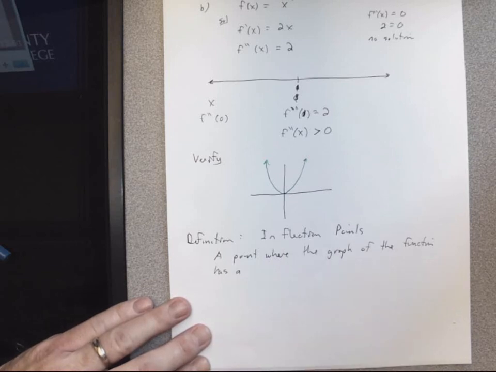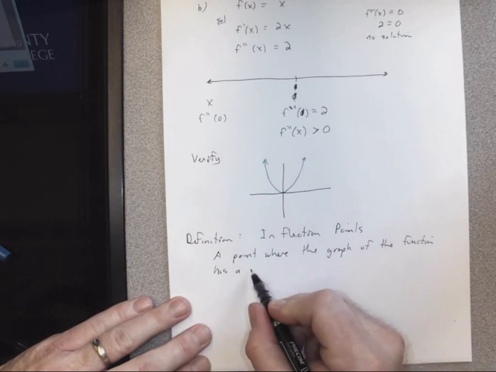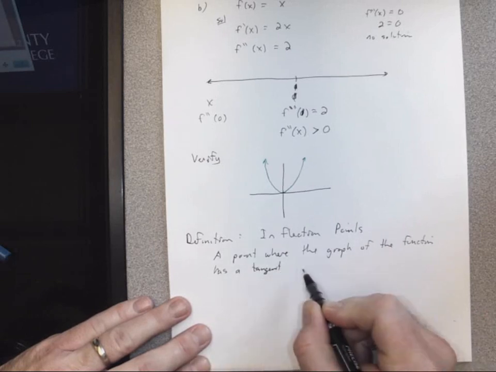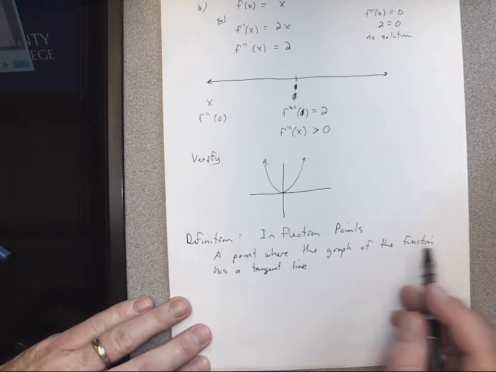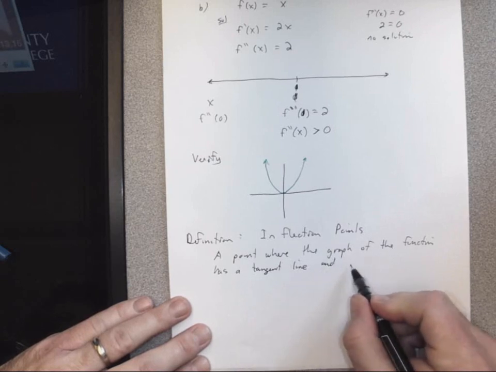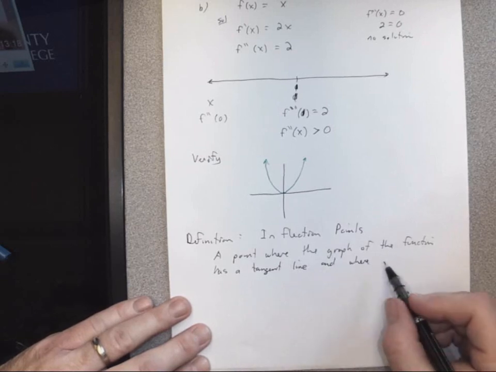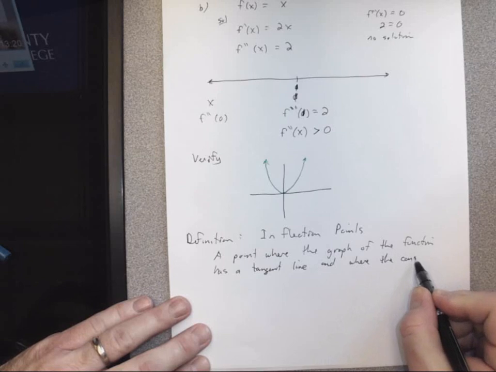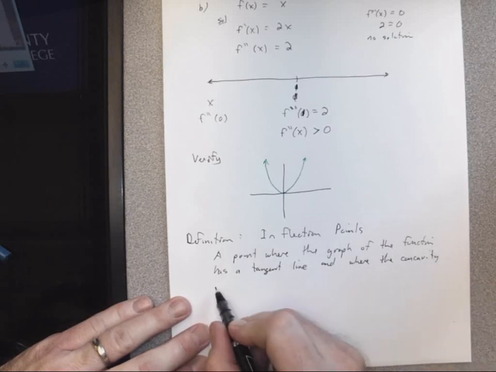I just want to make sure that my definition makes sense. Okay, so it says has a tangent line. I got this from the book, but so a point on the graph where it has a tangent line and where the concavity changes.